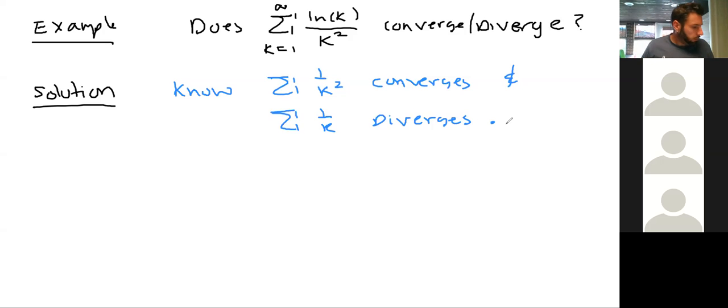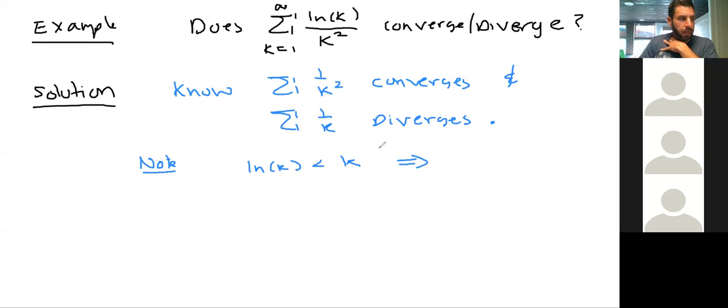So here's one way to think about it. Note the following. Think about what's happening. 1 over k squared is going to be, so how do I get that? Well, I'm noting that log of k is going to be less than k.